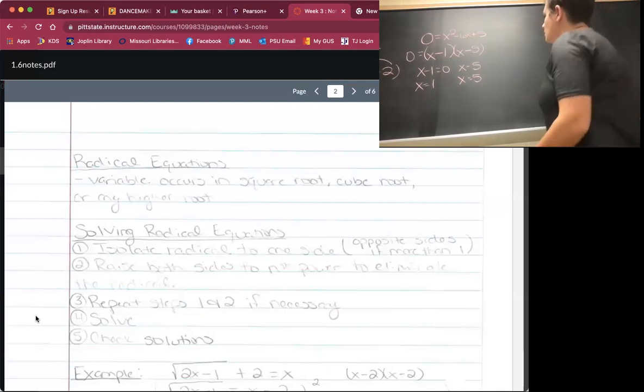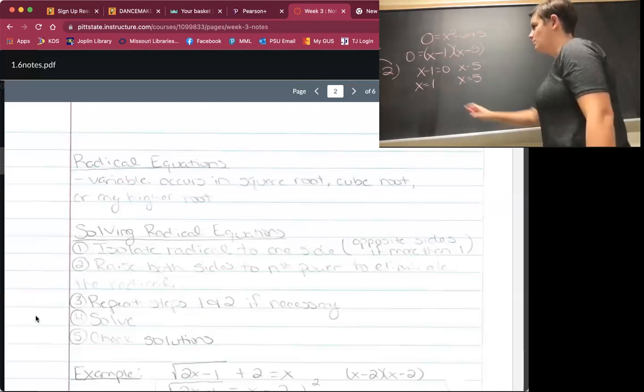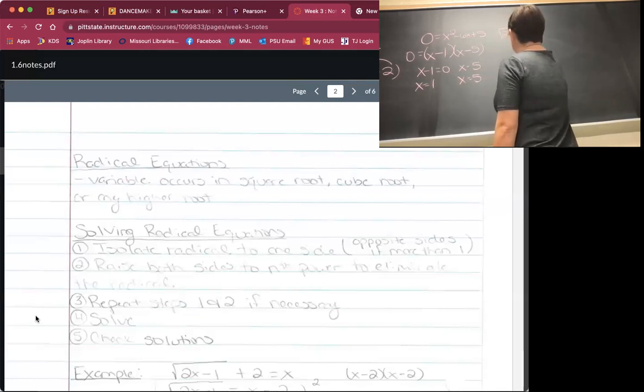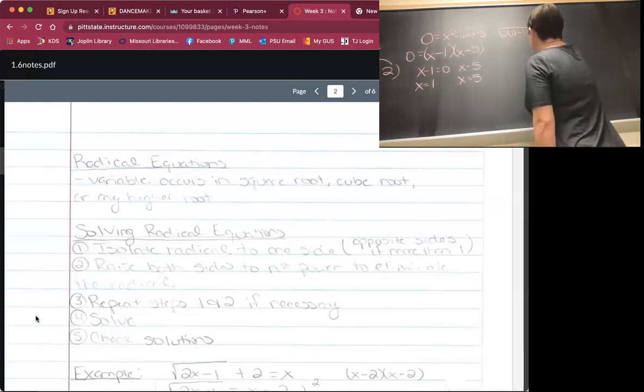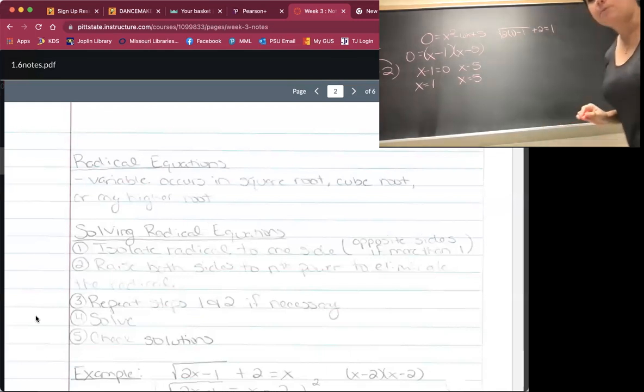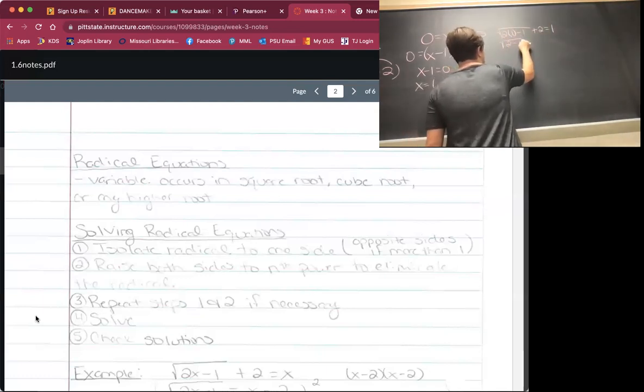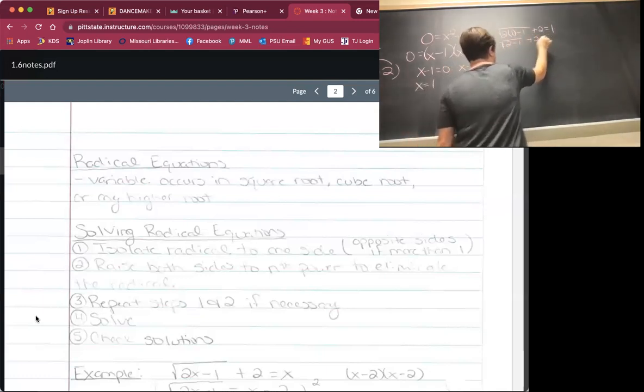So anywhere in my original problem that I had an x, I'm going to put a 1. So I have the square root of 2 times 1, minus 1, plus 2 equals x, which is 1. I'm testing my x equals 1.